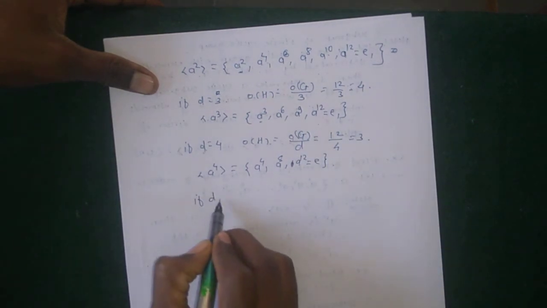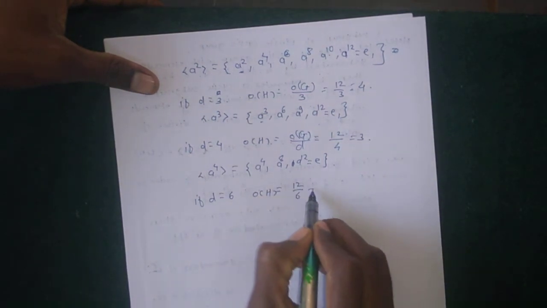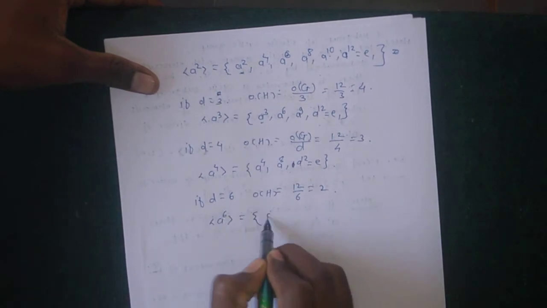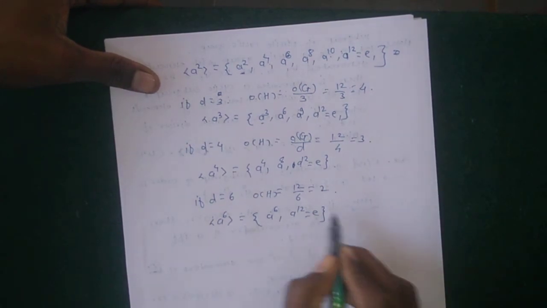Similarly, if D equals 6, then the order of H equals 2, because 12 divided by 6 equals 2. Therefore the subgroup generated by A raised to 6 is the set A raised to 6 and A raised to 12, which is identity.